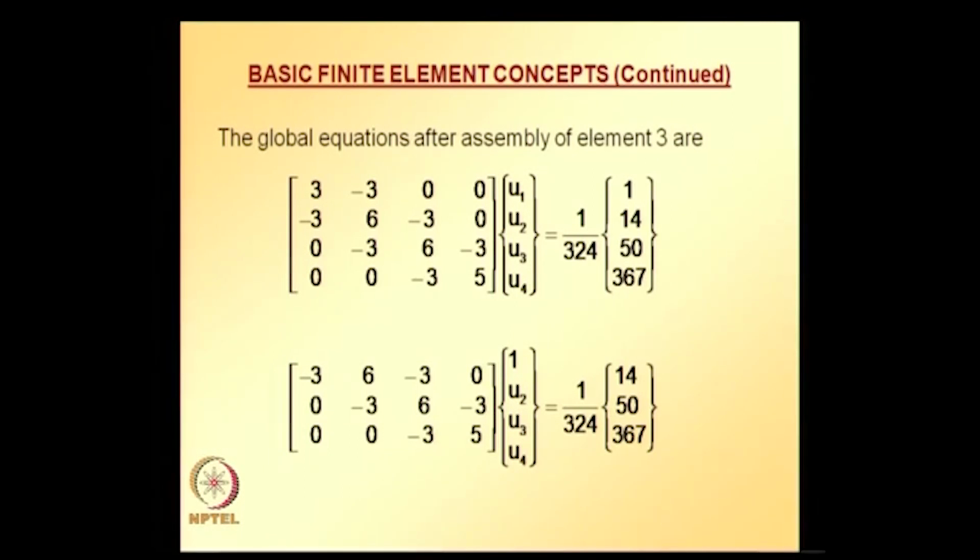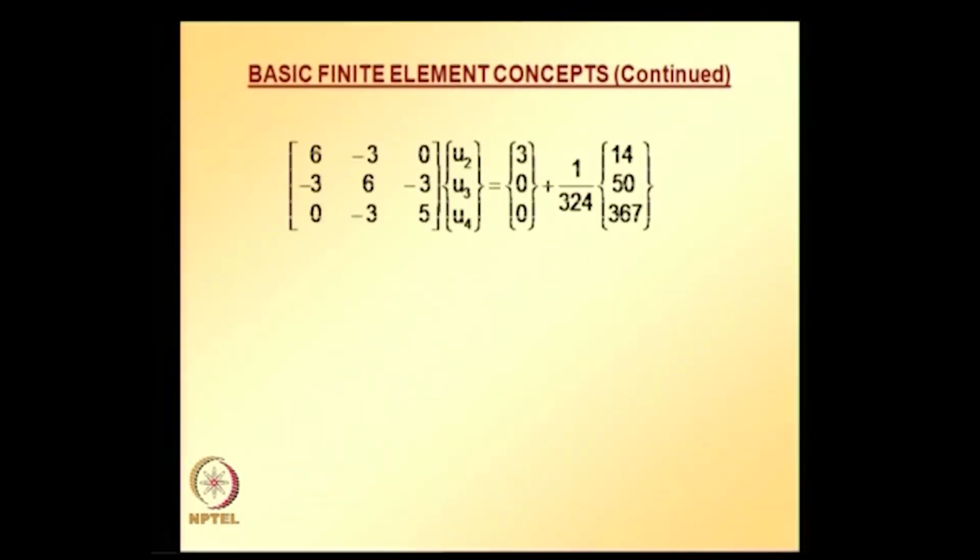Okay. So, this is one way of solving this equation system by imposing the essential boundary condition. I will show you another way of solving the same equation system, and now this can be rearranged in this manner.